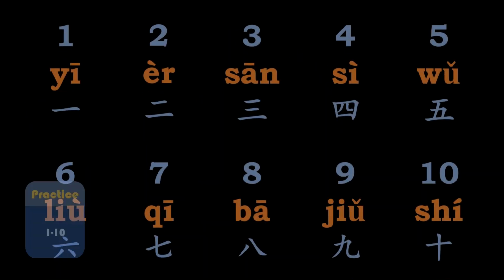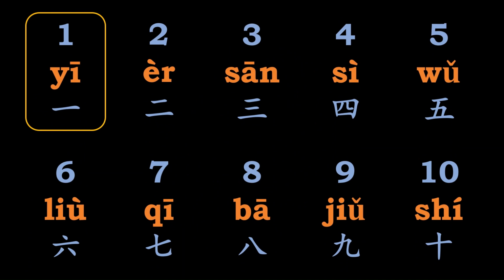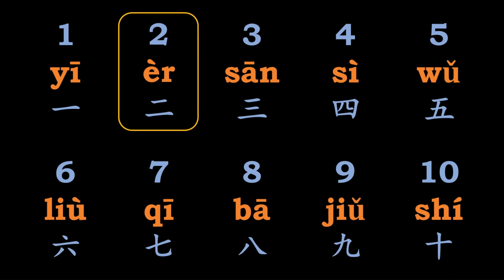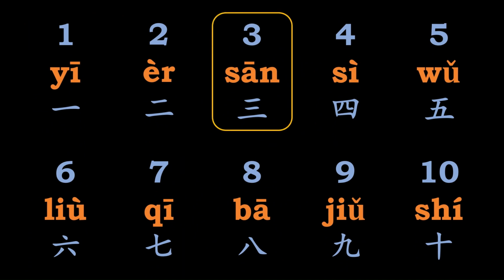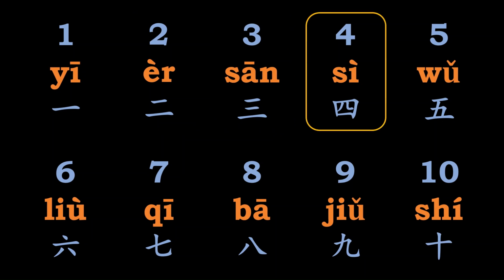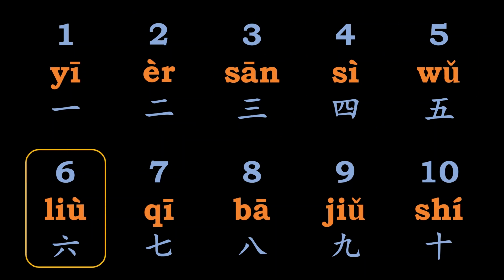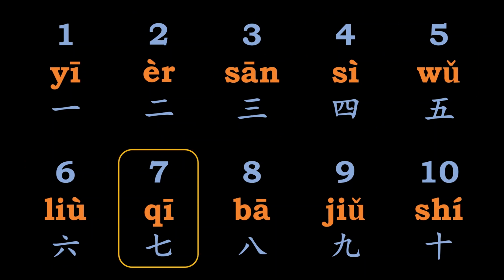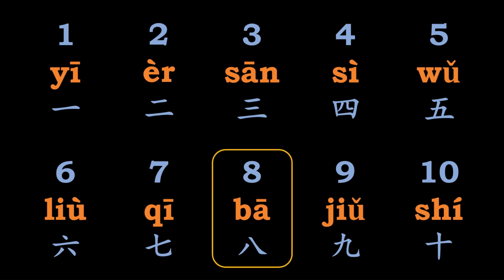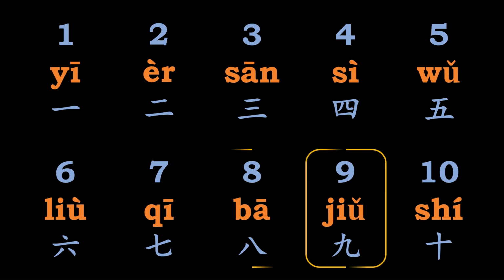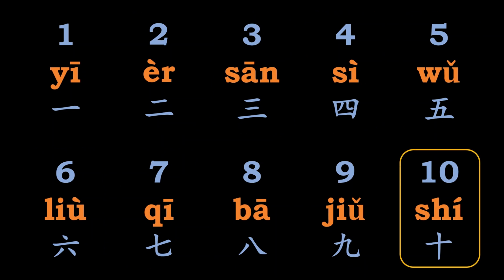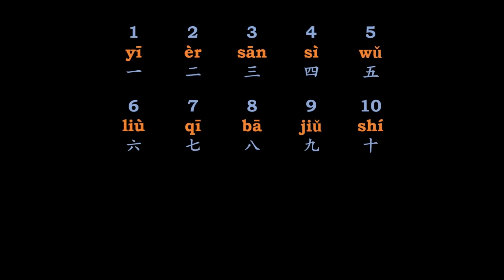And one more time for good measure. 一、二、三、四、五、六、七、八、九、十. So there you have it, numbers 1 through 10.